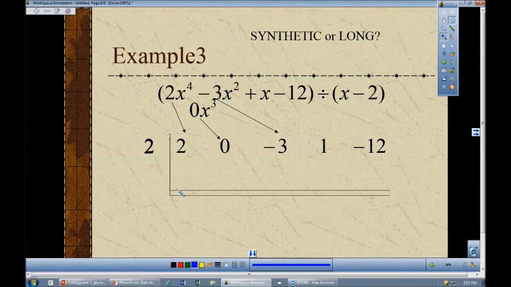So we've got our placeholder and we're ready to proceed with our synthetic division. Let's see how this will come out here. We're going to drop the 2. 2 plus 0 is 2. 2 times 2 is 4.